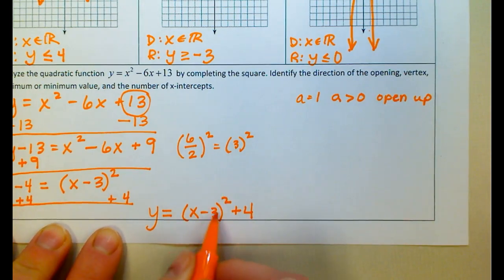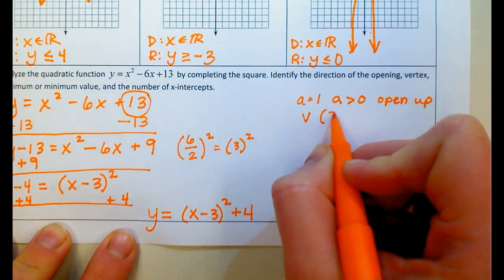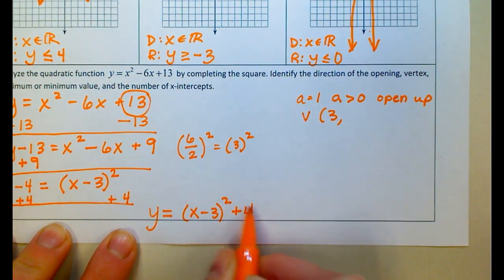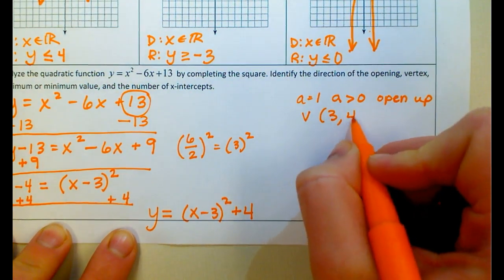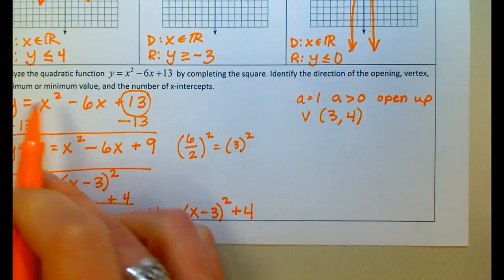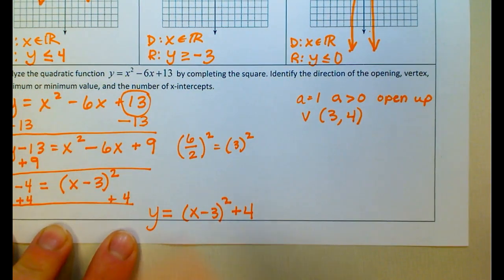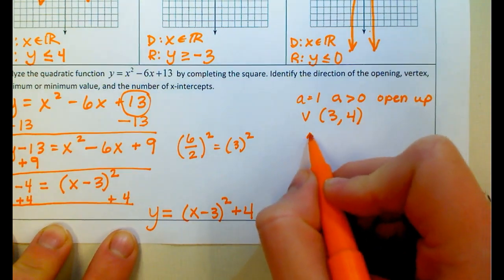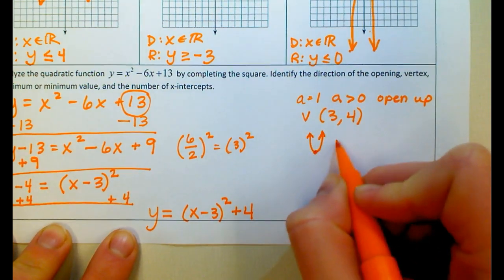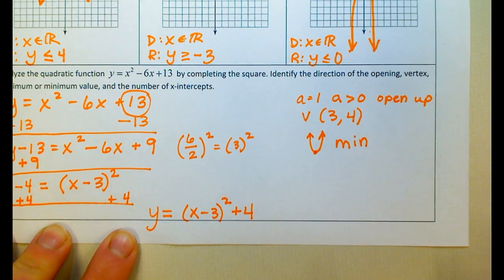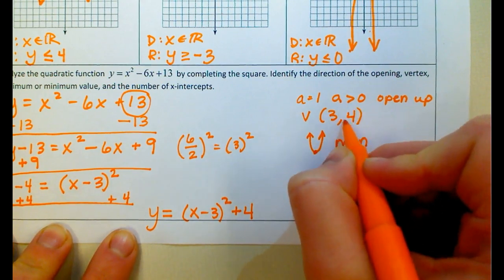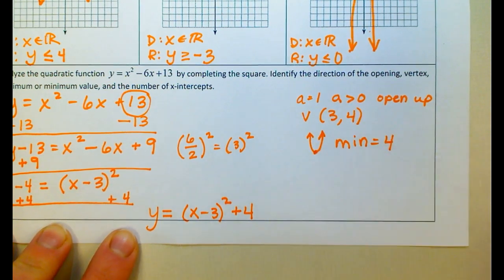Opposite sign, so this is going to be a positive 3, and same sign with the positive 4. Max or minimum value. Well, I know that this is going to be opening up, so it's going to have a minimum, and the minimum value is the y value of the vertex.